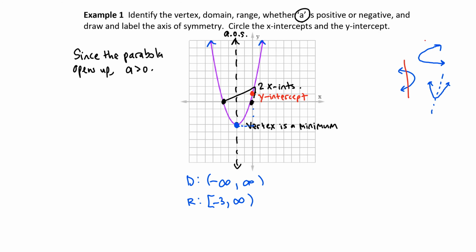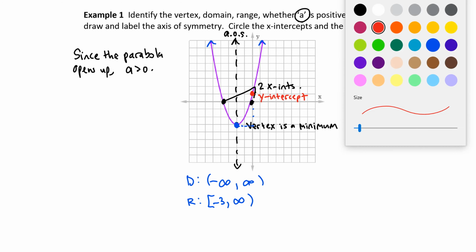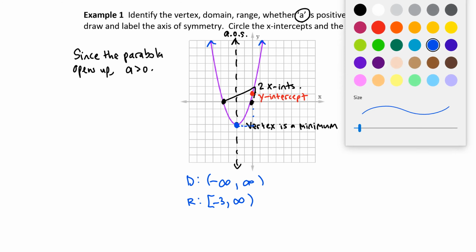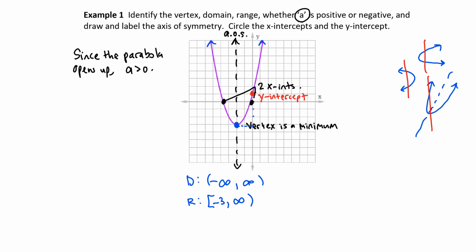If I construct a vertical line on our slanted parabola, we can see that we can intersect it in more than one spot. So these are not functions. For that reason, we're only going to study those parabolas that open up or down because they do pass that vertical line test.